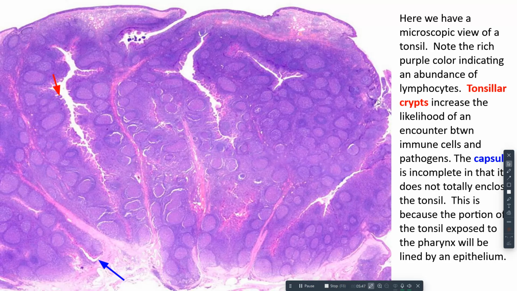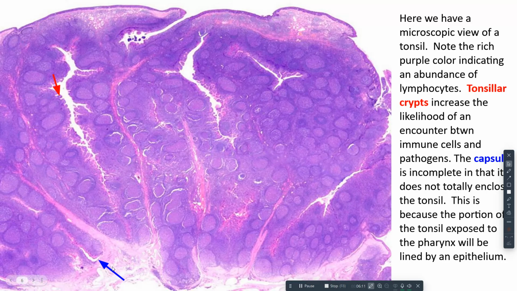Now we also see a bunch of these white spaces. These white spaces are tonsillar crypts. Tonsillar crypts, I like to think of them as traps for inhaled and ingested microorganisms. They get stuck in these pits, these crypts, and then we can deal with them.